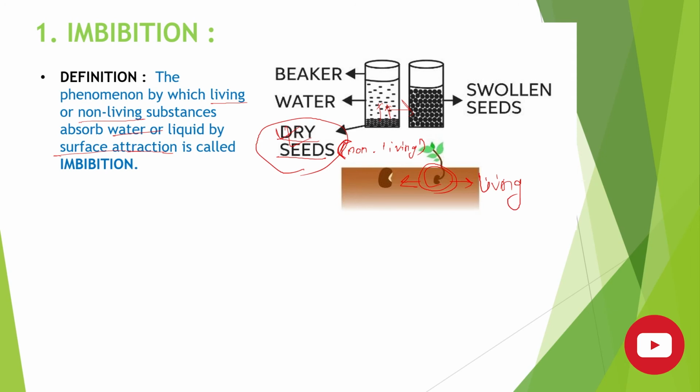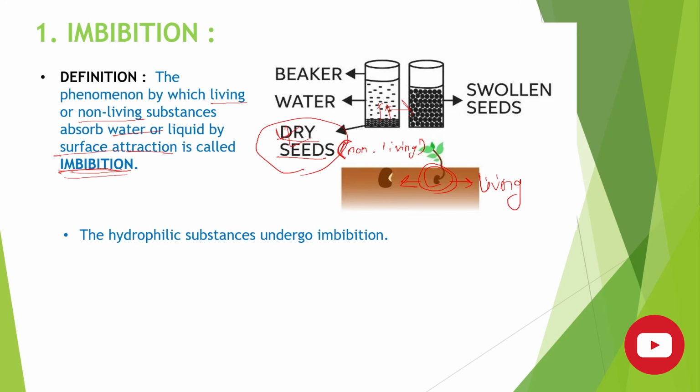A very good example of imbibition in our day-to-day lives is, you all will notice in your homes that when your moms cook chickpeas, they soak the chickpeas in water the previous night, and when you wake up in the morning, you will see that the chickpeas have completely swollen and they have absorbed water and they are ready to be cooked now. So this is basically a home science that is performed by all of us in some way or the other.